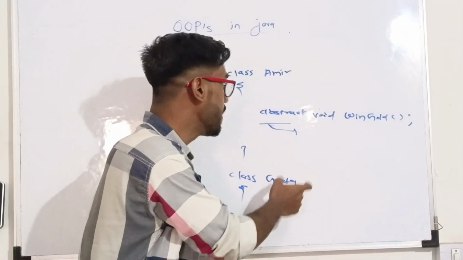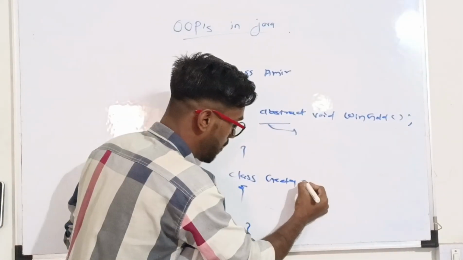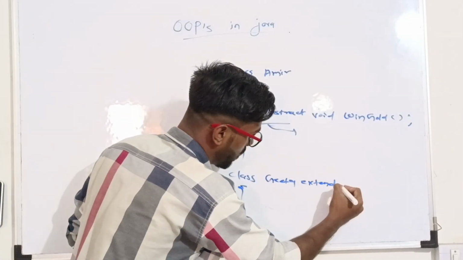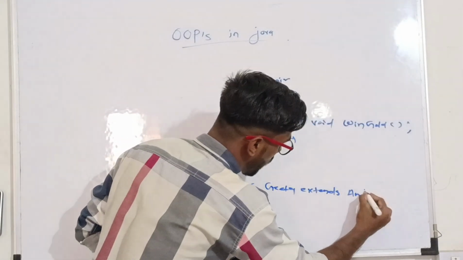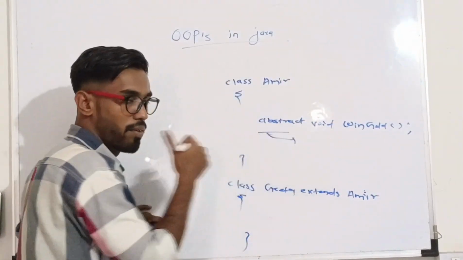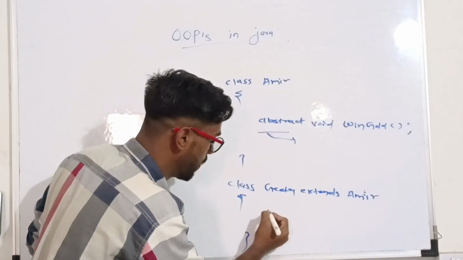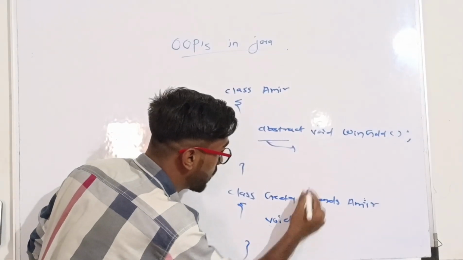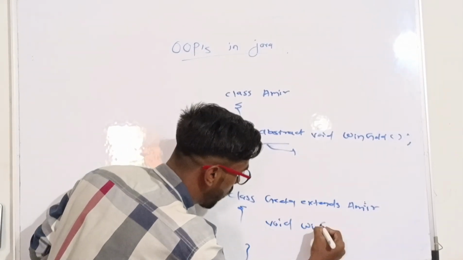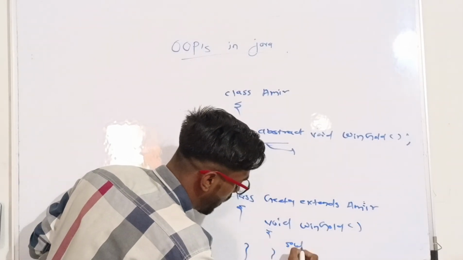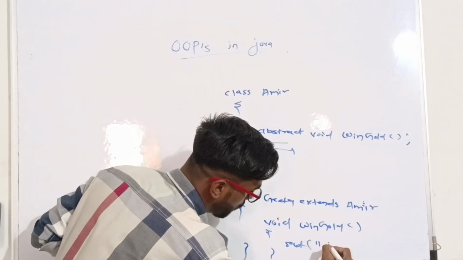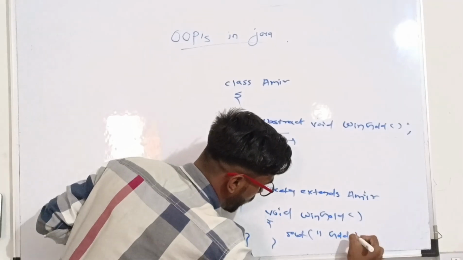So Geeta inherits Aamir, where extend means inherit, and completes the dream, which is winGold, and here we can write gold medal.